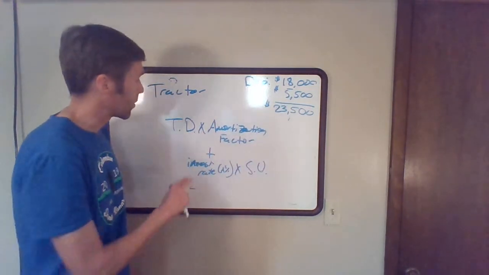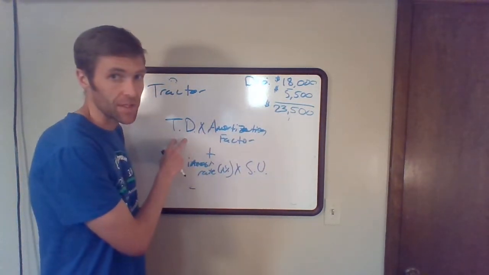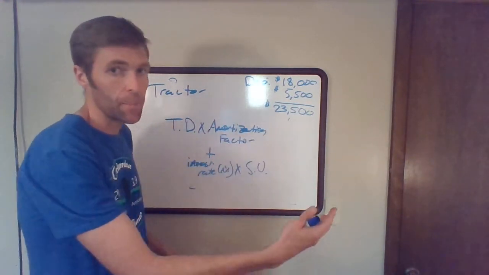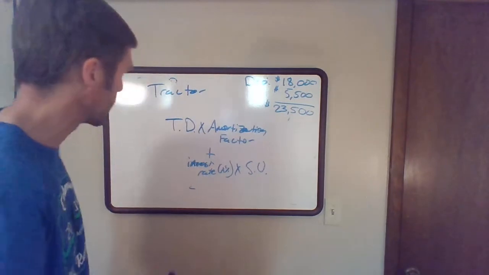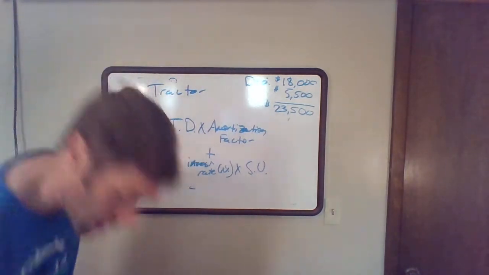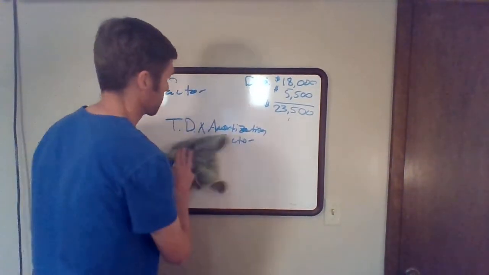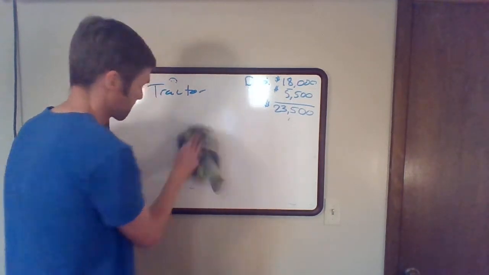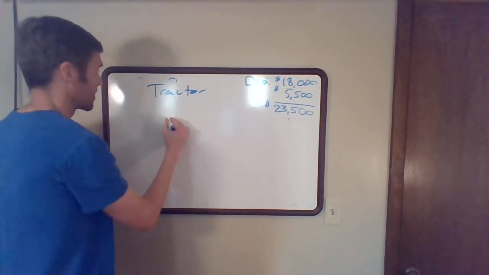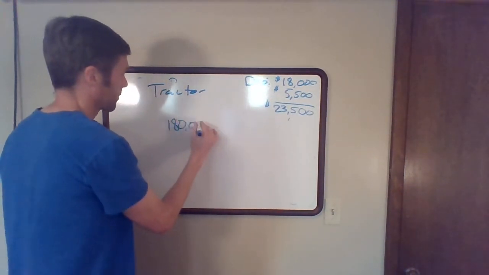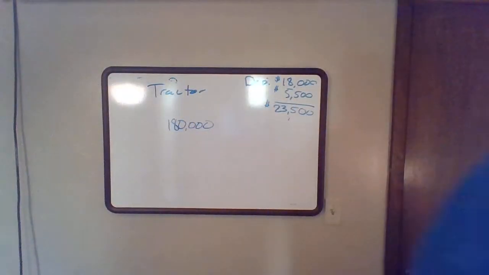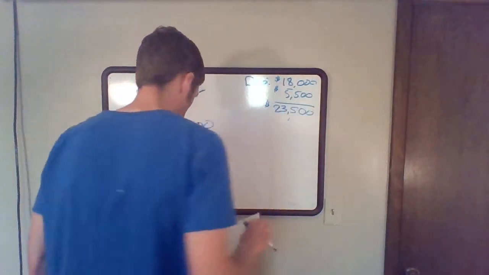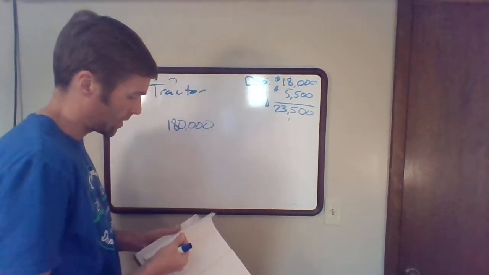Okay, so we're going to take that $180,000, split it up, understand compound interest, and do it using this formula. So my total depreciation is $180,000, and my amortization factor, you'll find in the book, you can find back here at the end.